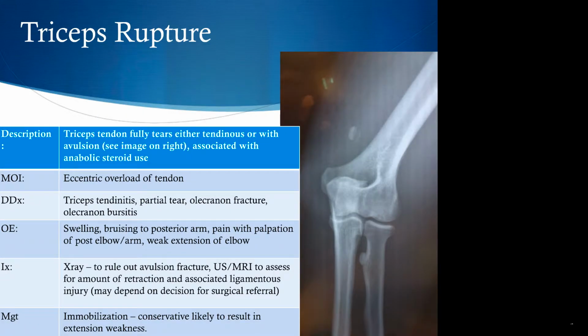Triceps rupture. So the triceps tendon fully tears either within the tendon or with an avulsion. As you can see on the image on the right of a left elbow with a triceps avulsion, there is an olecranon fragment that is quite proximal to the elbow.